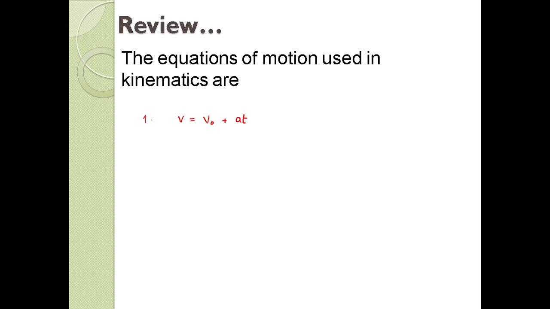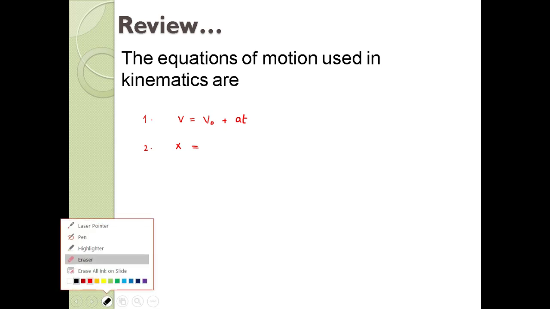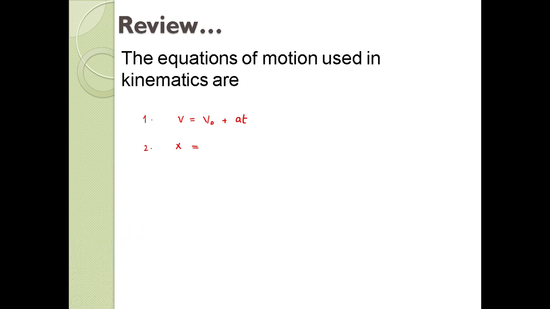The second one, in the case of horizontal direction, was x = x naught, or simply x = v naught t + half a t squared. And the third one was 2ax = v squared minus v naught squared.